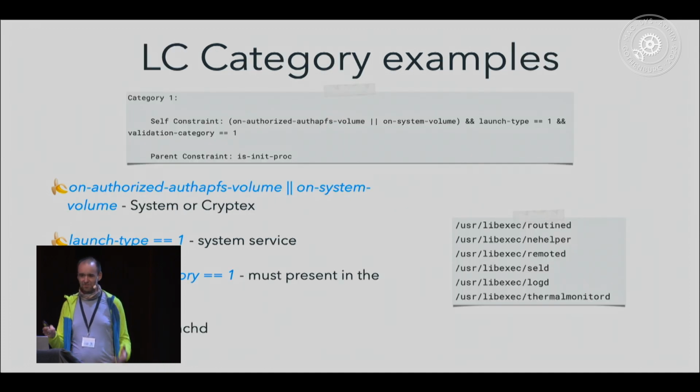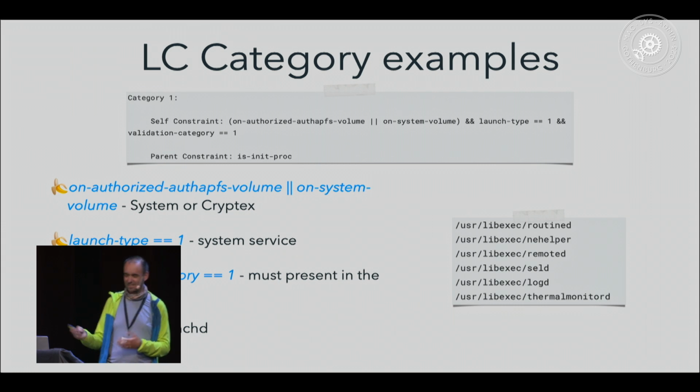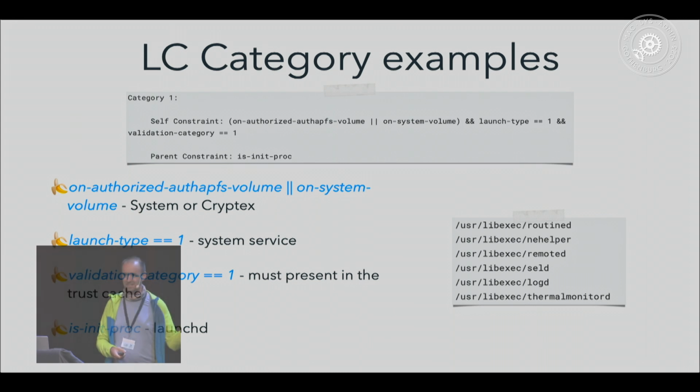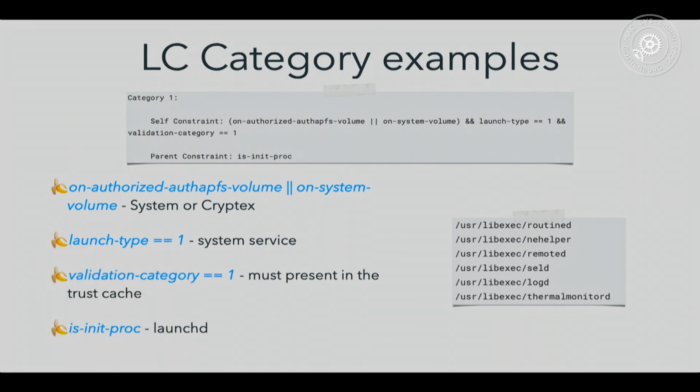So let's see what a launch constraint category looks like. So this is category number 1. It's the same across Ventura and Sonoma. So the 7 was extended to 18, and category 1 is the same on both. Category 1 has a self constraint and a parent constraint. The self constraint says that the binary must reside on an authorized APFS volume or on a system volume.